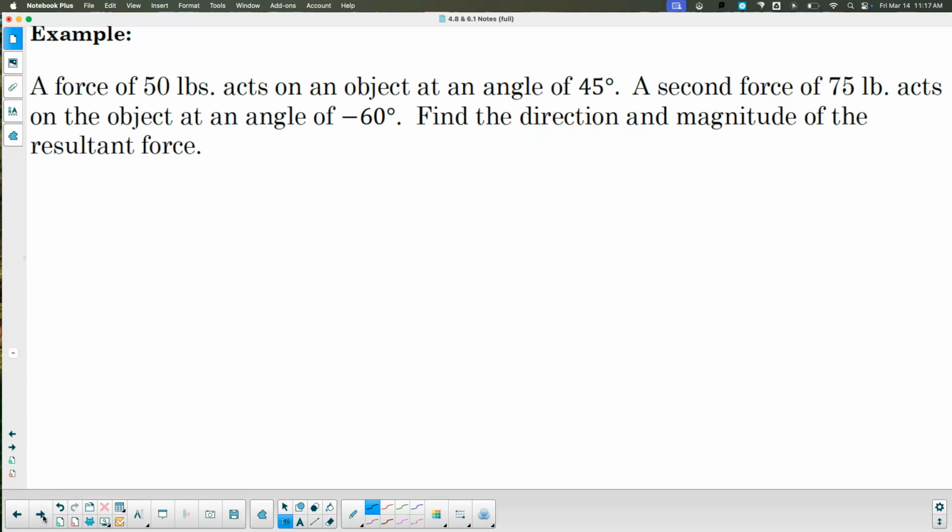So a force of 50 pounds acts on an object at an angle of 45 degrees. A second force of 75 pounds acts on the object at an angle of negative 60 degrees. Find the direction and magnitude of the resultant force. Okay? So we've got force number 1.